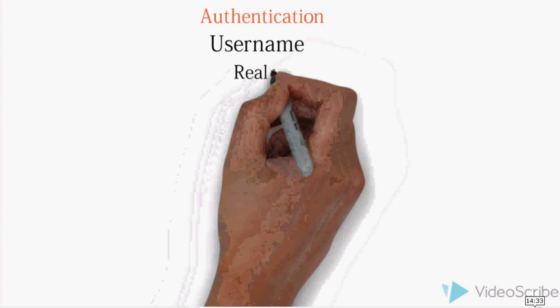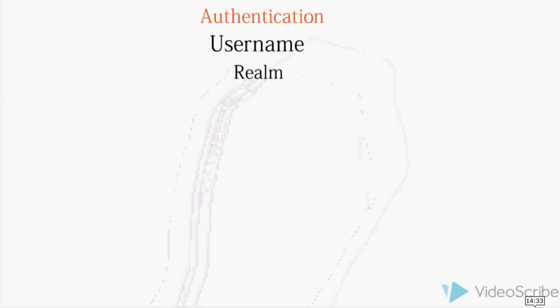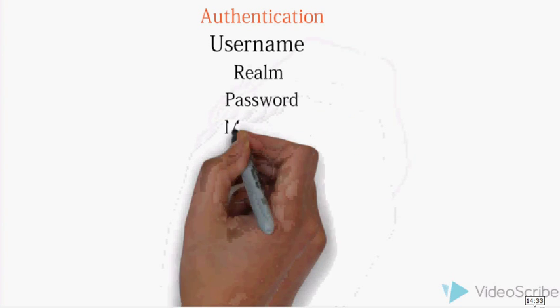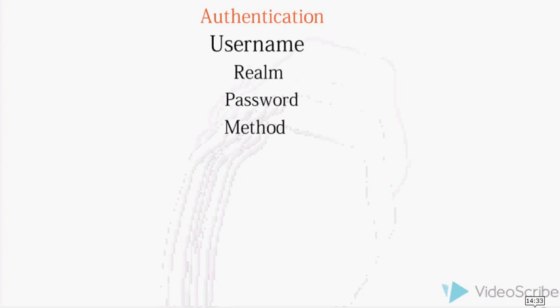We have the first one, the username used by the SIP user agent, like Sonia. We have the realm, the associated domain for the session, like we will see later on. And we have the password used by the SIP user agent. We have the method, the SIP method used during the session, such as invite and register.